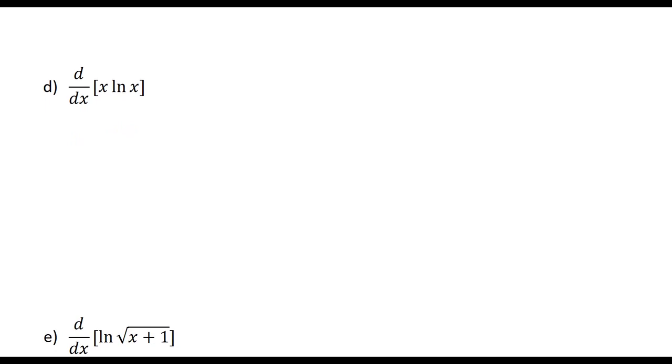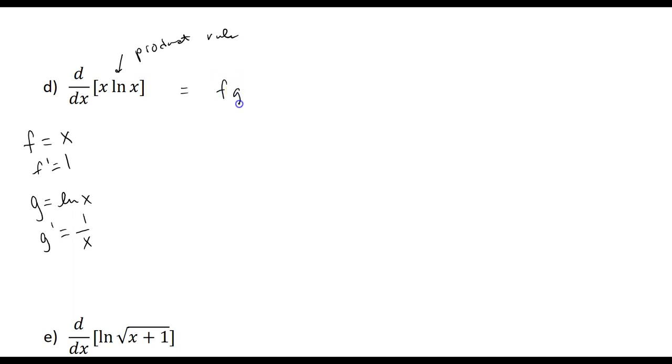This example is interesting because in order to do this problem, we have to use the product rule, because we have x times the natural log of x. So I'm going to let my first function f be x, which means that f prime is 1. And I'm going to let my second function g be the natural log of x, and the derivative of the natural log of x is 1 over x, so that's my g prime.